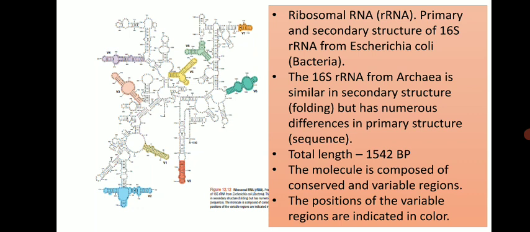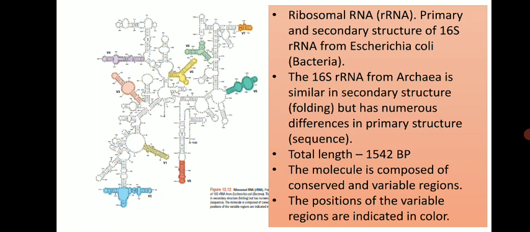So this is the bacterial ribosomal RNA, extracted from E. coli. It is a 1542 base pair long RNA molecule, composed of conserved as well as variable regions.